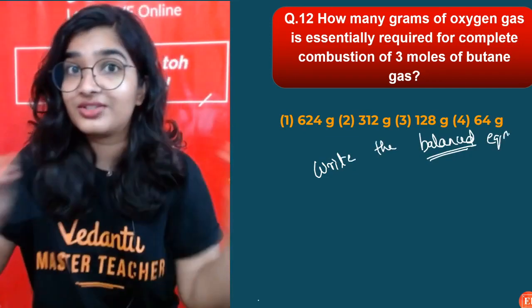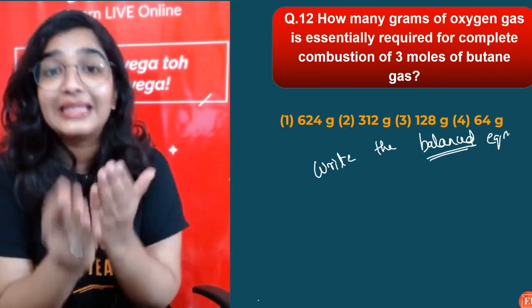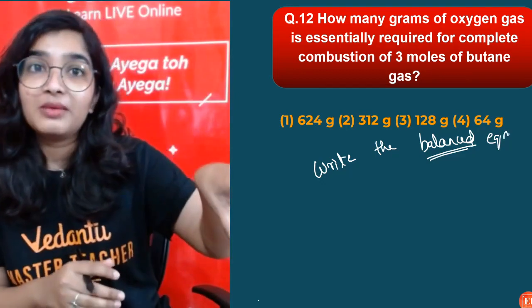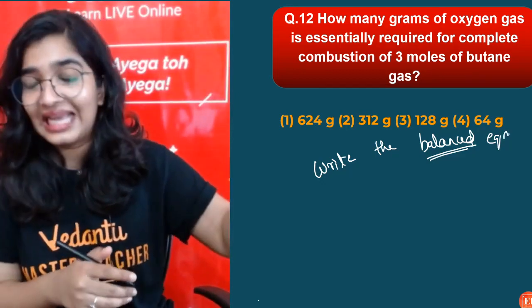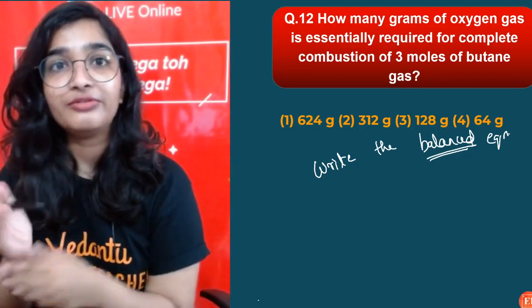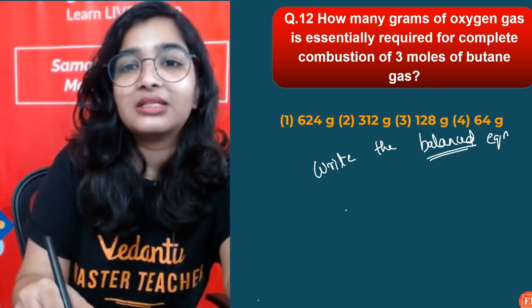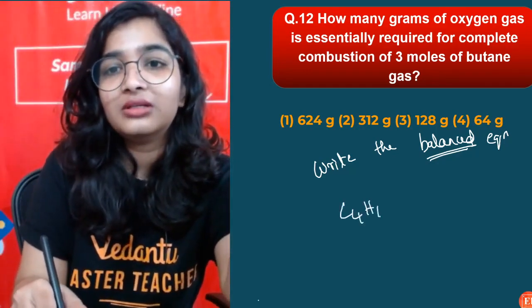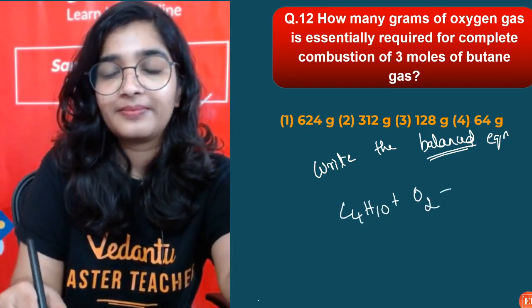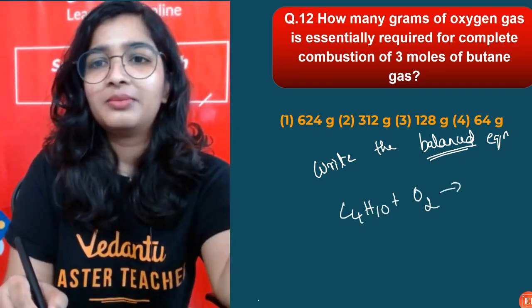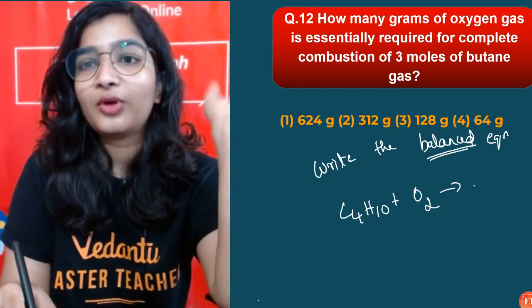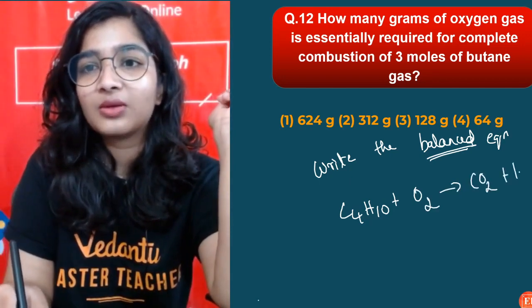Balanced equation, not just the equation, it has to be balanced. Then only we will get to know how many moles of reactant X is reacting with how many moles of reactant Y. Here the reactants are C4H10 plus oxygen. And we know whenever hydrocarbons undergo combustion reaction, you get two products, carbon dioxide plus water.